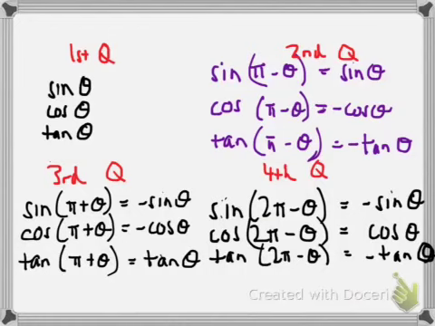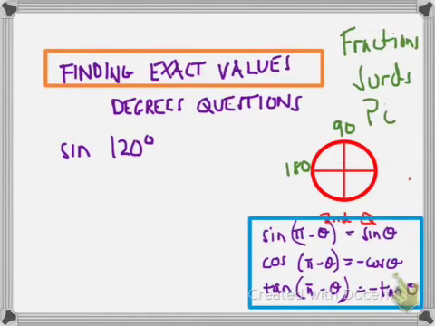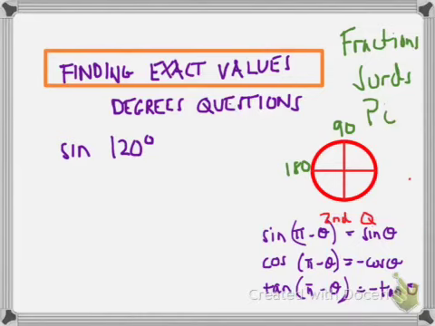Of course, first quadrant is just sine, cos, and tan as normal, but for second, third, and fourth, we've got those rules that we've just developed. So back to our question. Because this is in the second quadrant, I've selected here the second quadrant rules. And because we're using sine, I'm going to use the sine rule that is relevant to the second quadrant, so that one there. So let's work through this problem.